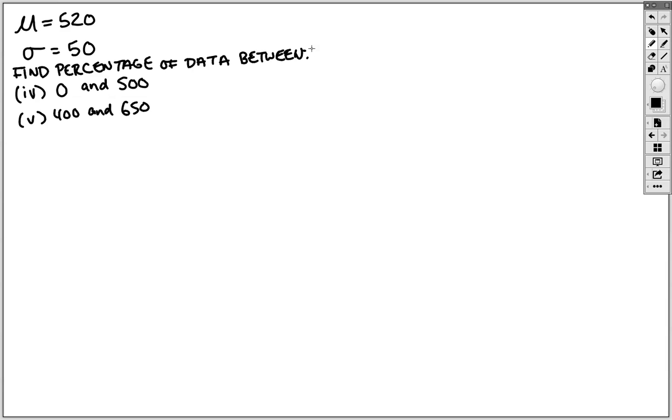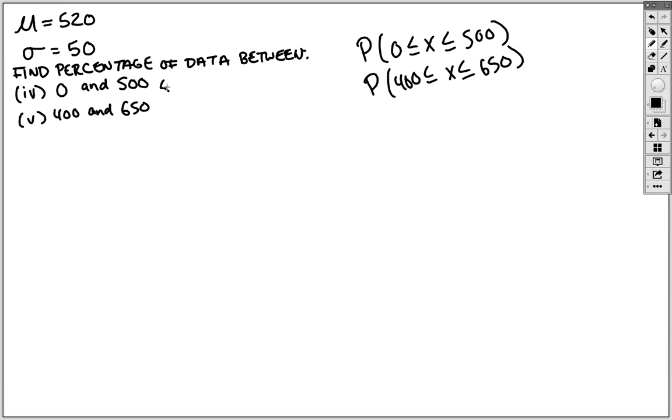Now, since we're looking at the percentage of data that falls between those intervals, and all the data that we take is in this distribution, then we can say that the probability that x is between 0 and 500, and the probability that x is between 400 and 650, is exactly the same question that we're asking here.